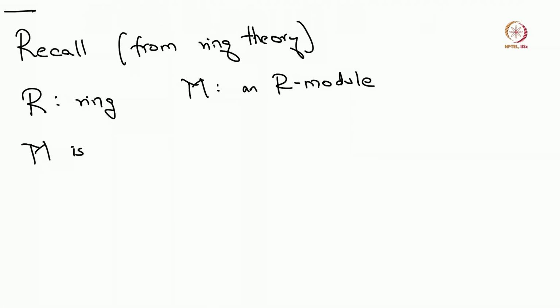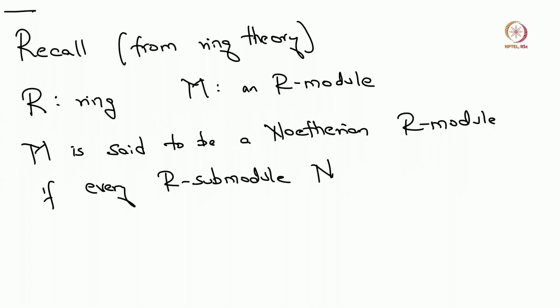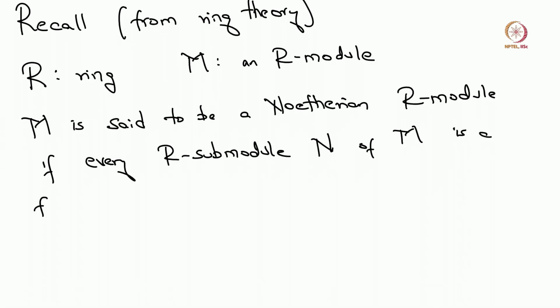M is said to be a Noetherian R module if every R submodule N of M is a finitely generated R module.